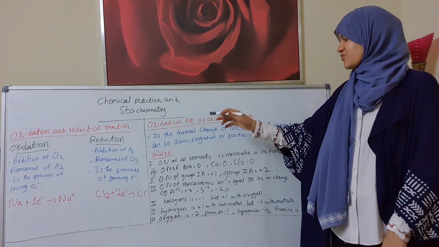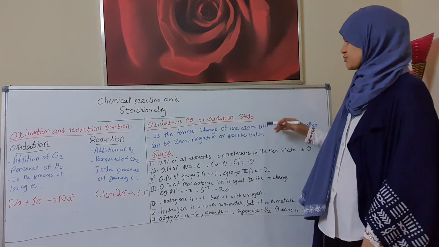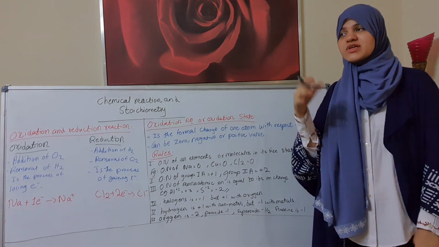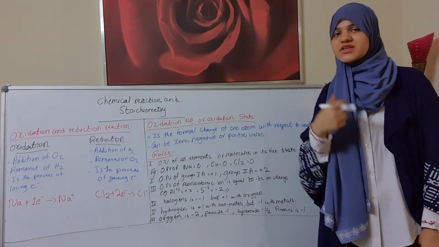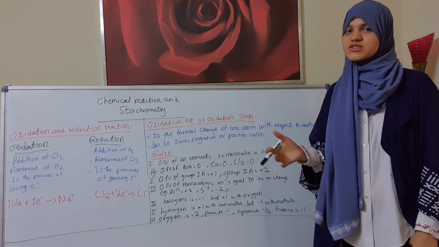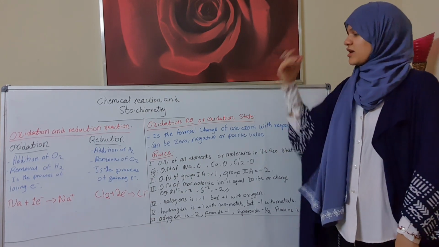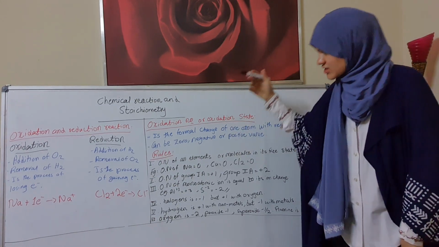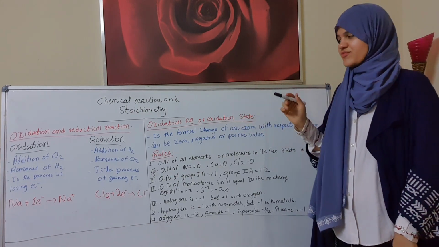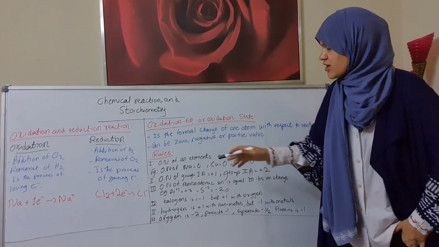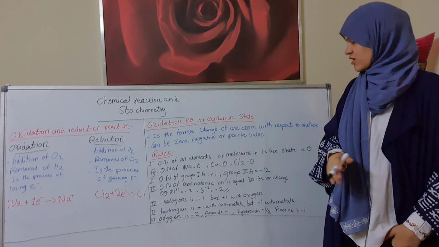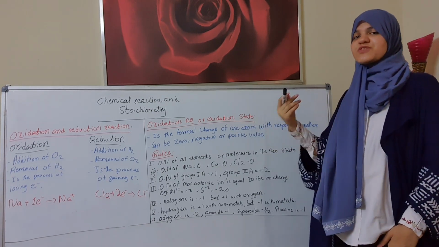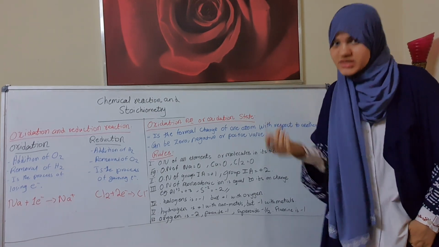Now, oxidation number or oxidation state. First of all, it is the formal charge of one atom with respect to another. It can be 0, positive, or negative. Now there are rules for this oxidation number. First of all, the oxidation number of all elements or molecules in their free state is equal to 0.